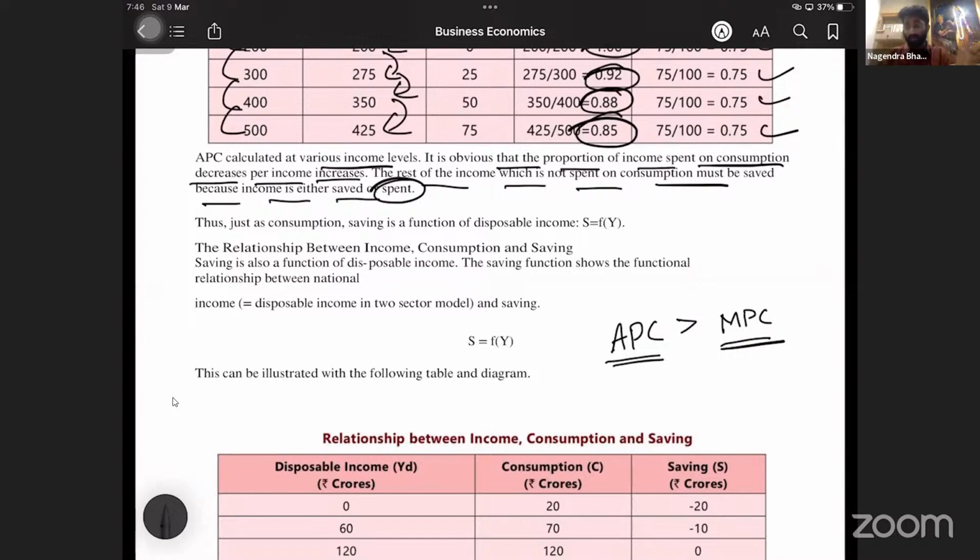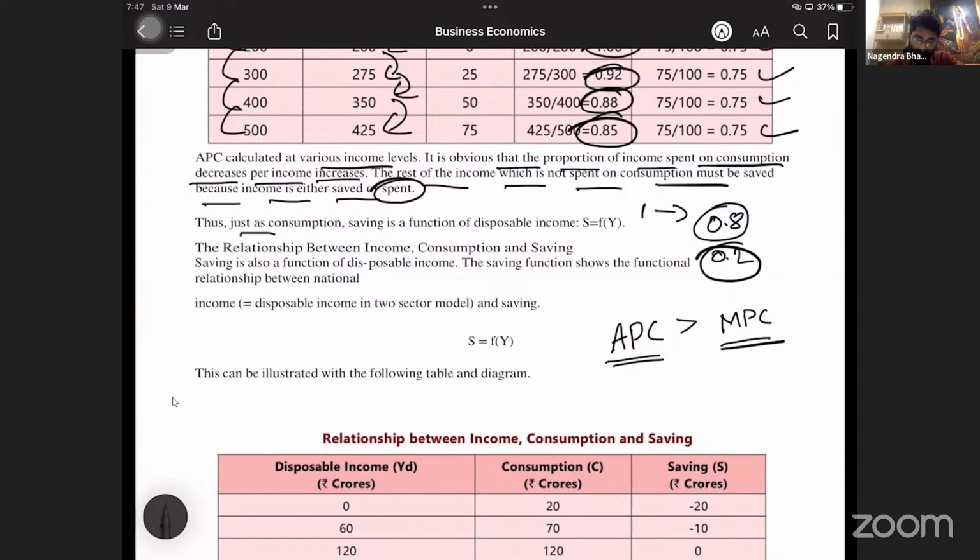If MPC is 0.8, that means out of 1 rupee, I will consume 0.8. 80 paisa I will consume. That means the other 20 paisa is savings.